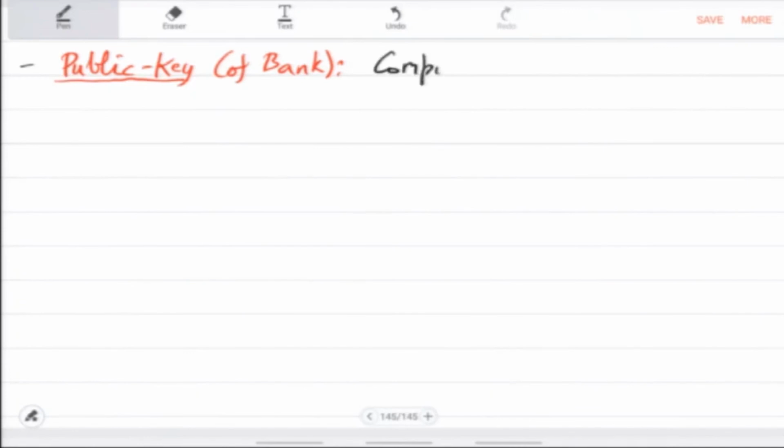And what is the public key which the bank releases? So for the public key, it uses f and g to compute g by f. So compute g by f mod q and publish this.